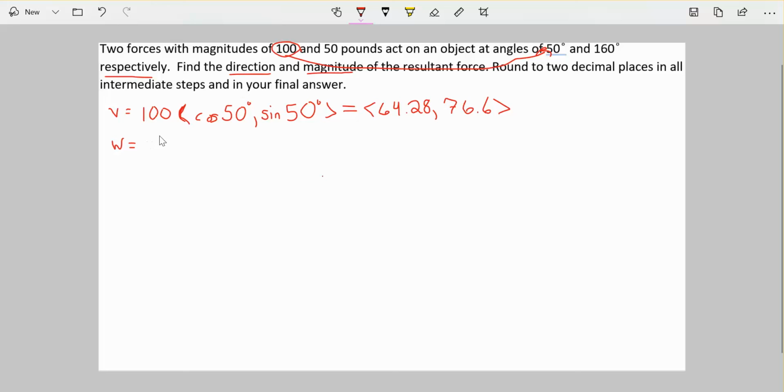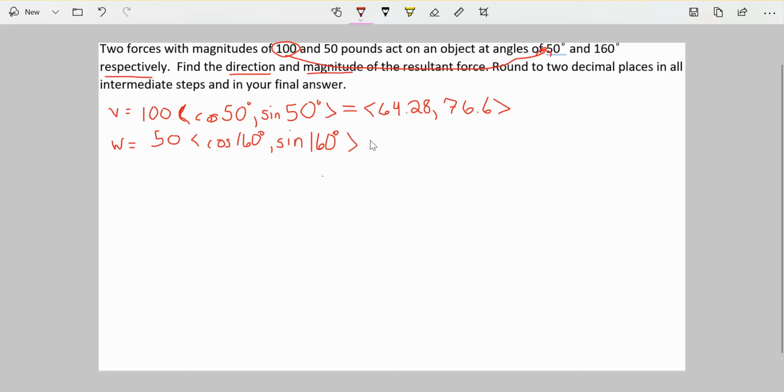I'm going to say that I have a magnitude of 50, and then I'm going to set it up the same way, cosine first, and my angle in this case is 160 degrees, and my sine second of 160 degrees.